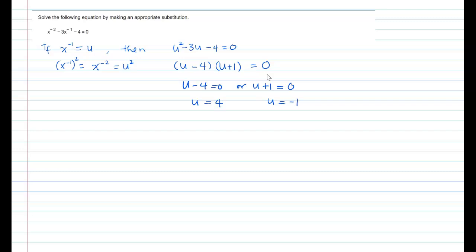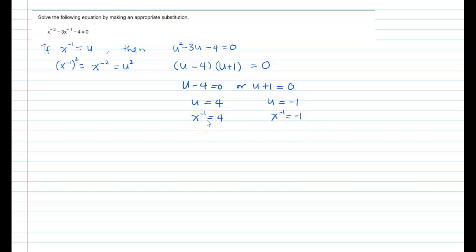Now you don't stop there, because these are the values of u. And what you're looking for are the values of x. So then you substitute it back to your u. Now you let u be equal to x to the negative 1. So you will have x to the negative 1 equal to 4, and then replace the u here by x to the negative 1 equal to negative 1. Now what do you mean by x to the negative 1?